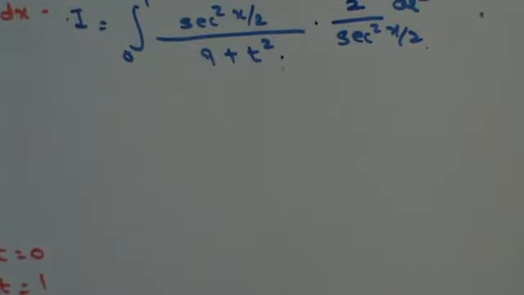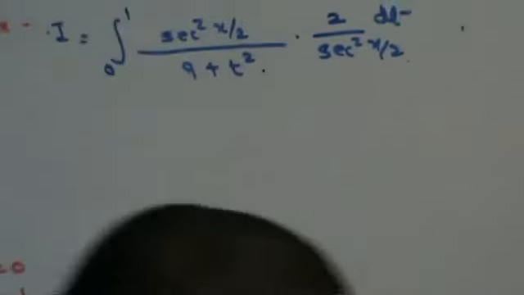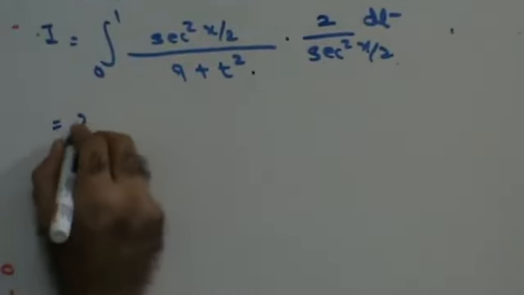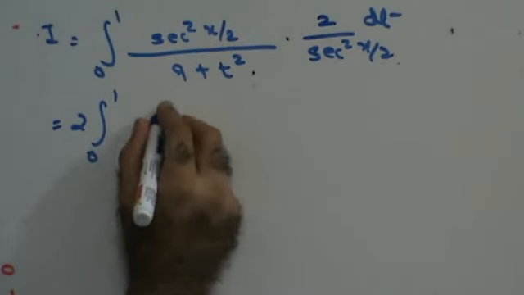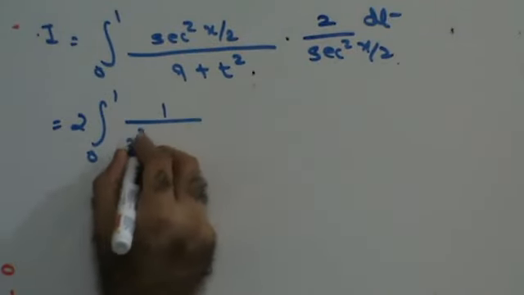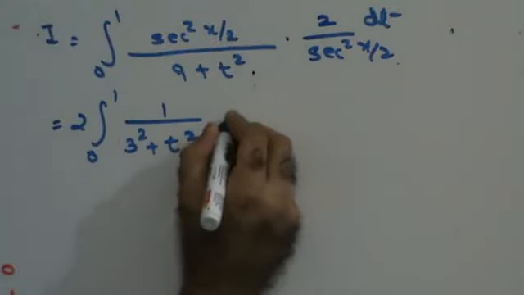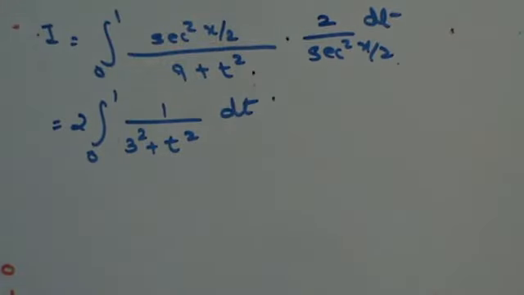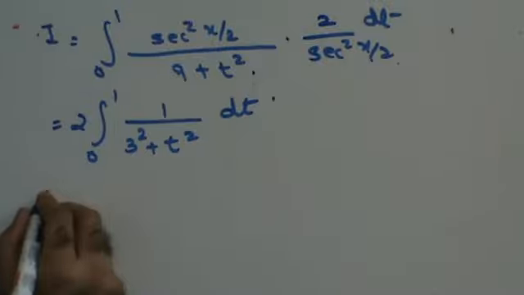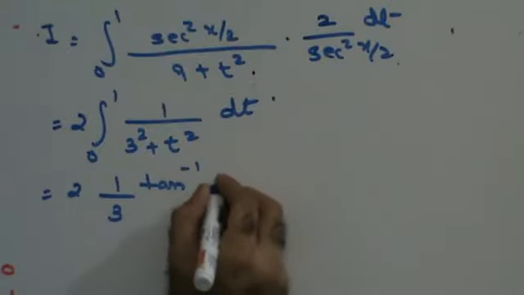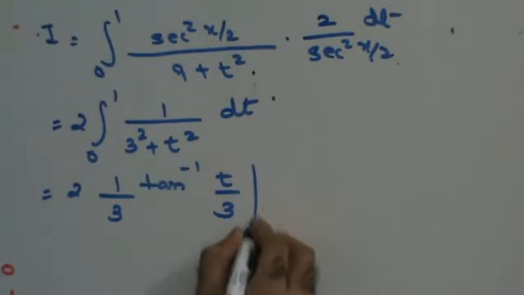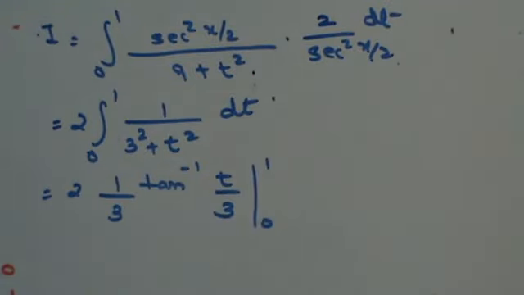Right? So in which case you will get this as 2 out, integral from 0 to 1 of 1 upon 3 square plus t square dt. 1 upon x square plus a square is nothing but 1 upon a tan inverse of x by a, and the limits are between 0 to 1.